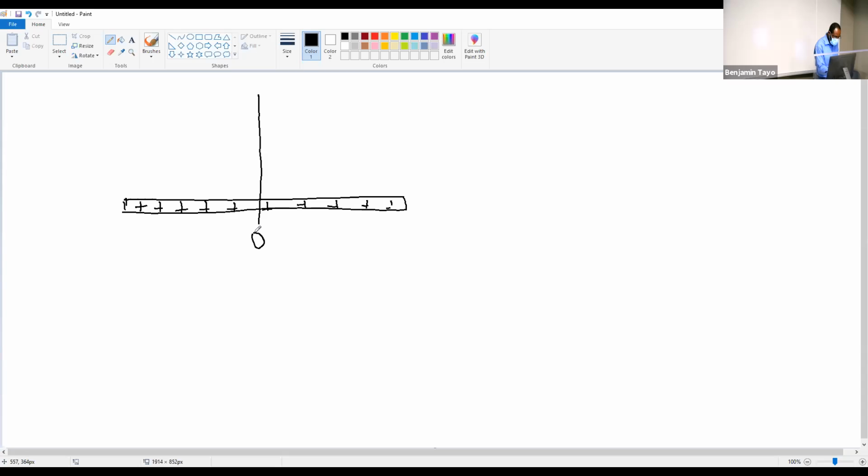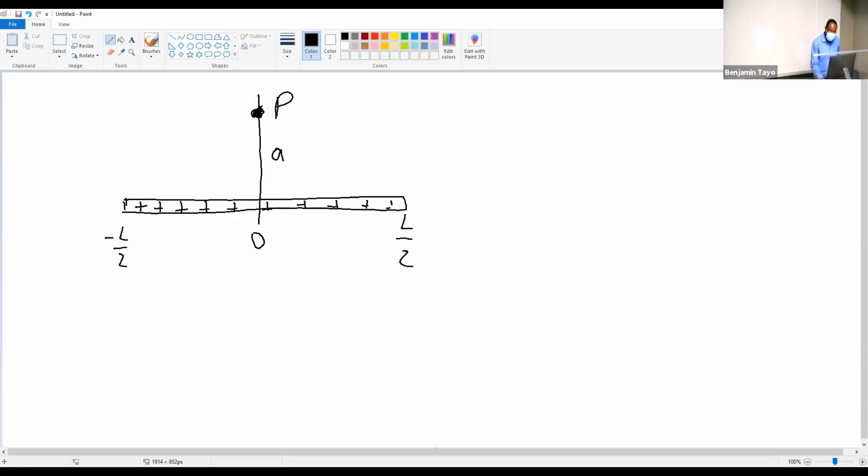This is the point 0, this is negative delta 2. This is delta 2. I want to calculate the potential at point P such that the distance from here to here is A.